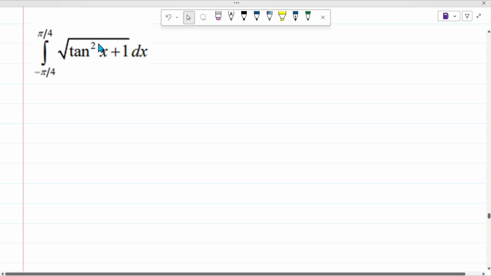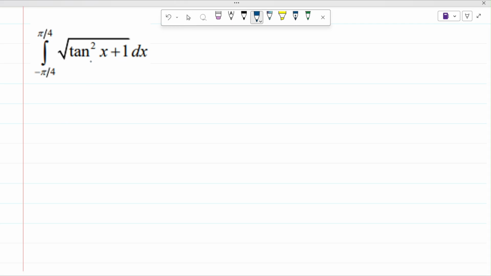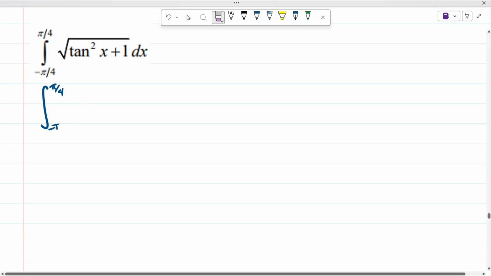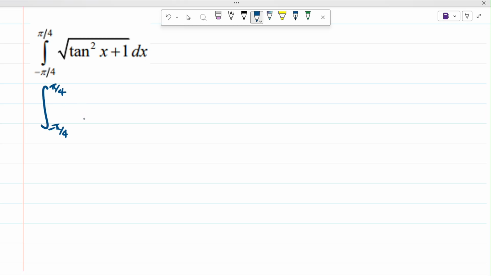When we check, we've got tan squared of x plus 1, which is one of the square identities. So we need to substitute tan squared of x plus 1 with its equivalent, which is sec squared.